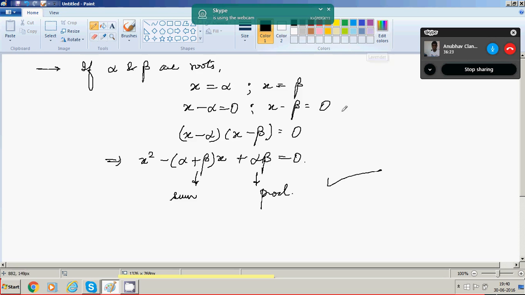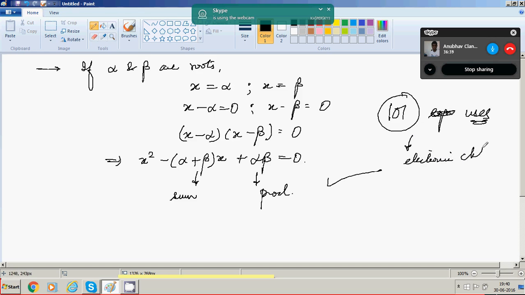You might be surprised that there are actually about 101 known uses of these simple things called quadratic equations. Uses in electronic circuits, even controls of machines, and so on and so forth.